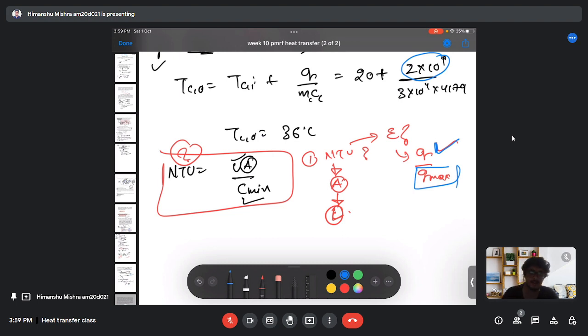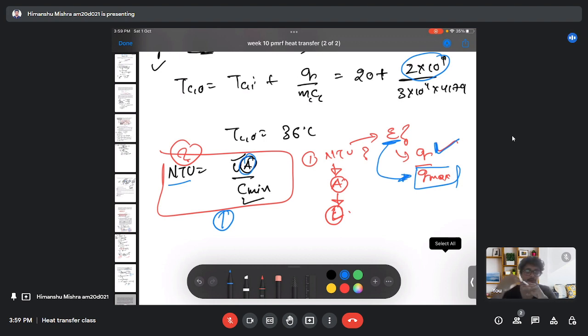So basically here I'm going backwards. The usual route that we followed last week is first to write the equation NTU equals UA by C min. We need to calculate the area or the length, let's say. So we first need to find the NTU, and for NTU we need effectiveness, and for effectiveness we need the maximum heat rate.